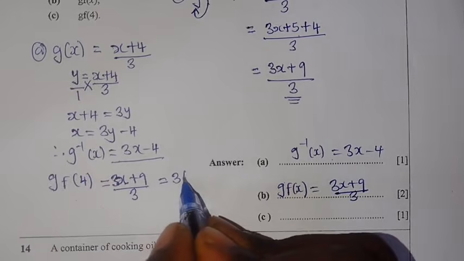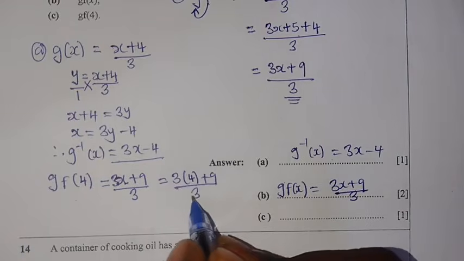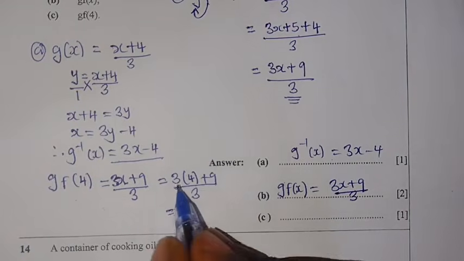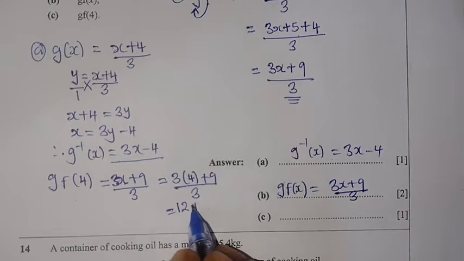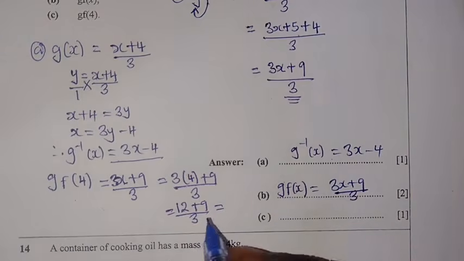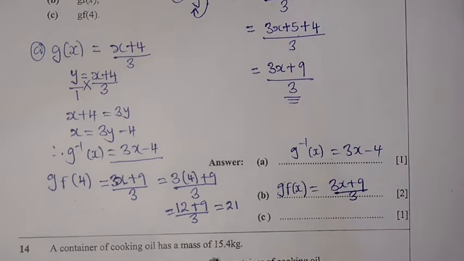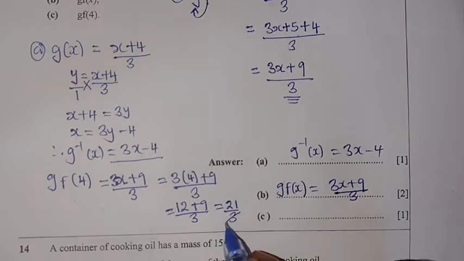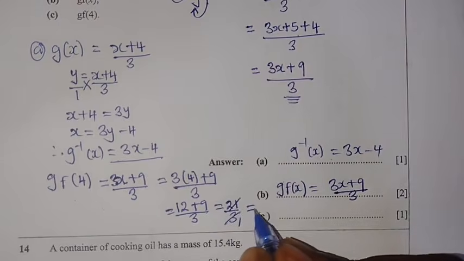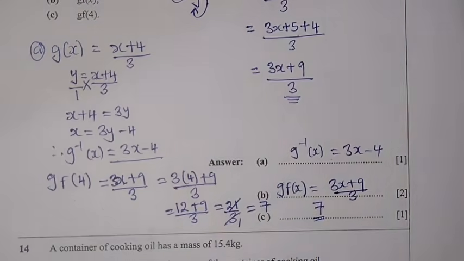So we write 3 in brackets, we put a 4, then plus 9, over 3. Three times 4 gives us 12, plus 9 gives us 21, then over 3. 3 into 21 goes 7 times. So the answer is 7.